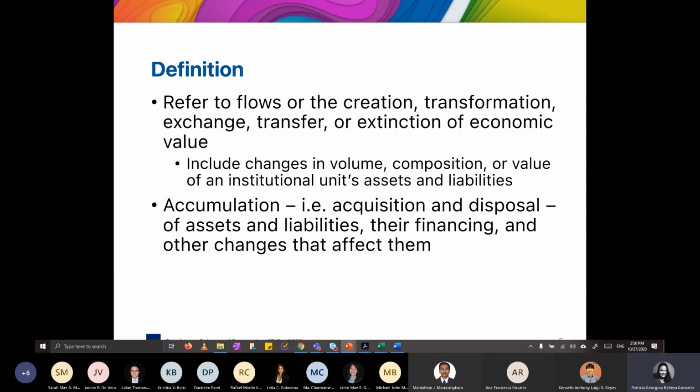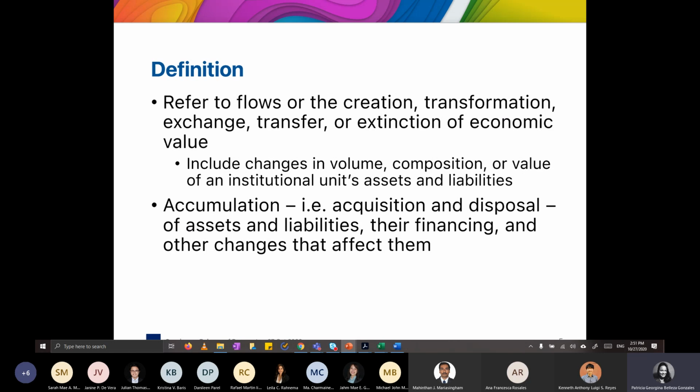So let's start with accumulation accounts. Accumulation accounts record the flows within an economy. Flows pertain to the creation, transformation, exchange, transfer, or extinction of economic value. They include changes in volume, composition, or value of an institutional unit's assets and liabilities.